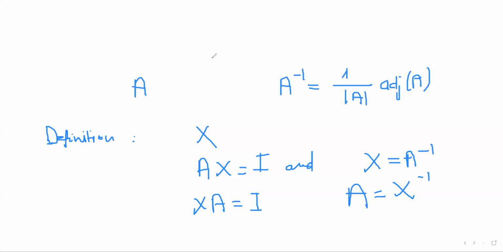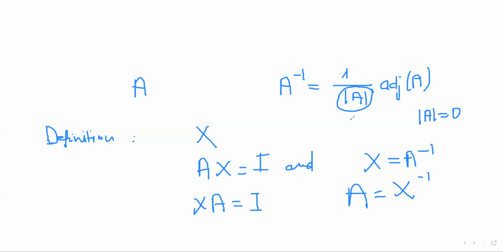If we come back to this formula, you can see that we have the determinant of A and division by the determinant of A. This gives us additional information: if the determinant equals 0, then it is impossible to find the inverse of the matrix. In this case, we say that the matrix is not invertible, and sometimes we use the term singular matrix.